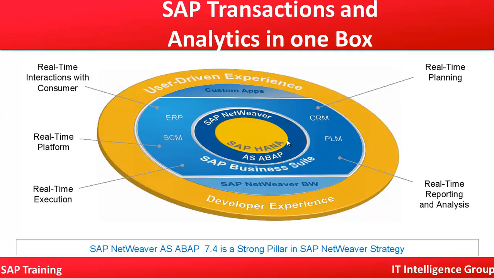One key thing we have seen is that you are combining both analytics and transactions in the same database, so you get real-time interaction with the consumer, a real-time platform, real-time execution, real-time planning, and real-time reporting and analytics.